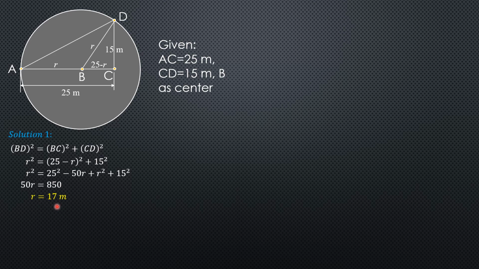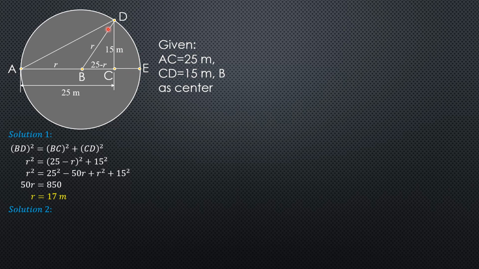So from there we can solve for the area, but I will not present the solution for the area of the circle first. Let's have another way of computing the radius of this circle. Next is we extend AC to the other end as our second solution, and take note this is the diameter of the circle.